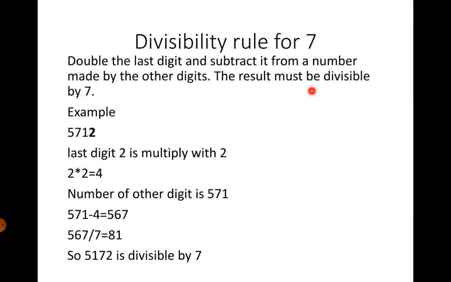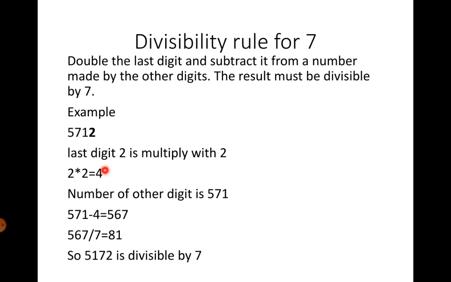And divisibility rule for 7, double the last digit, here the last digit is this one, and subtract it from the number made by the other digits. If you ignore this last digit, then the number becomes 571. The result must be divisible by 7.